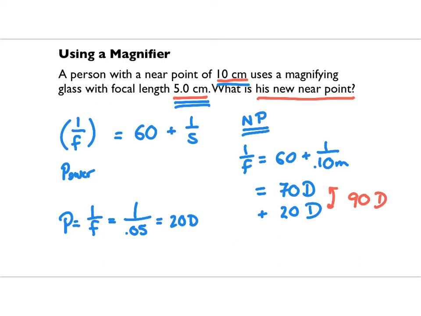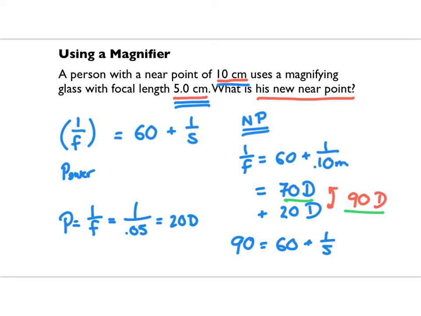So the next question is this: what is the new near point if the power of the visual system was not a puny 70, but it was a breathtakingly awesome 90? What would the near point be? And I use the same relationship to calculate. I take 90, well, that was a 60, that's not right. I take 90 is equal to 60 plus 1 over s, and I calculate what is the value of s.